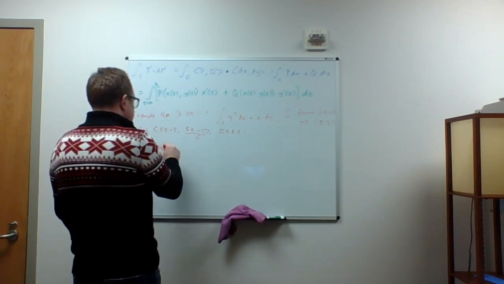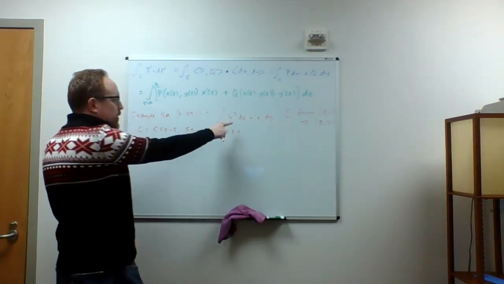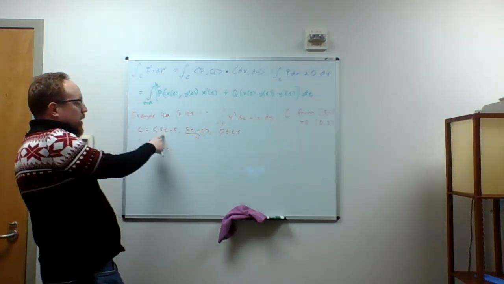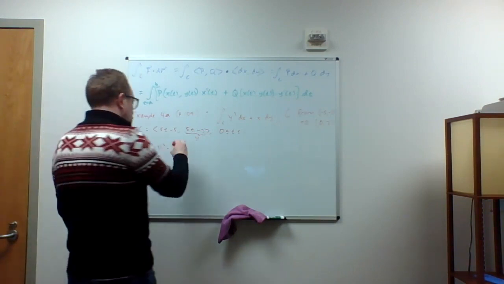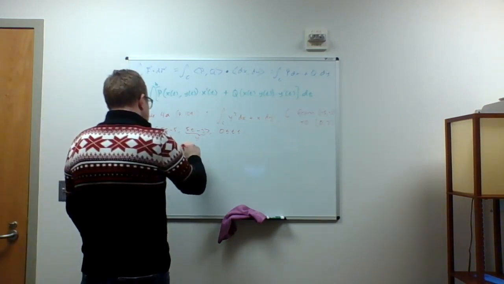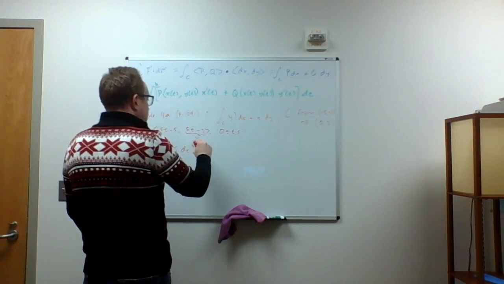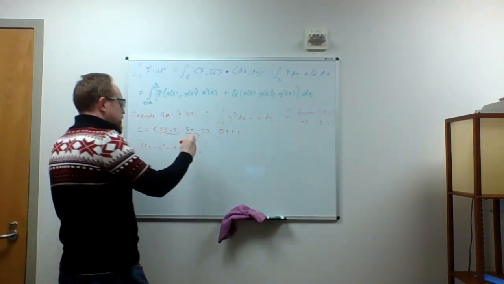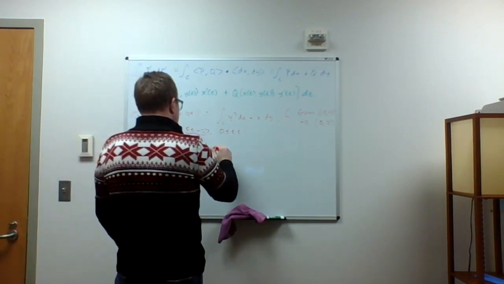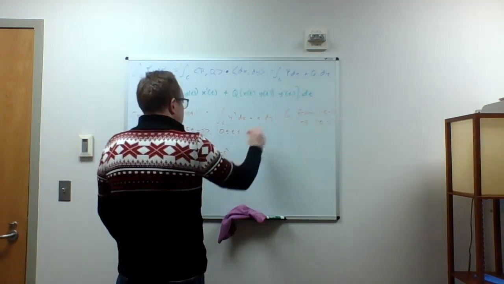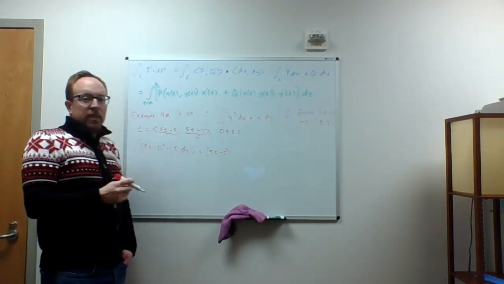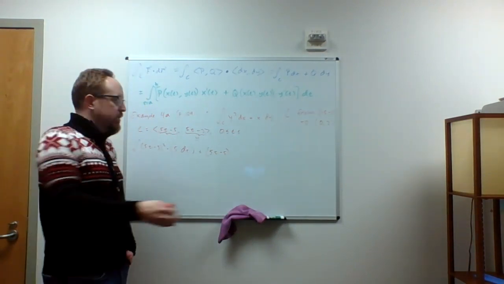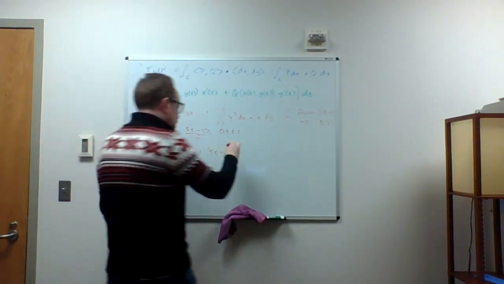And then dx is just x prime of t dt. x prime of t will be 5, so then we have 5 dt. And then x is this right here, 5t minus 5. And then dy is just y prime of t dt, so that's going to be 5 dt as well. The derivative of this is also 5.